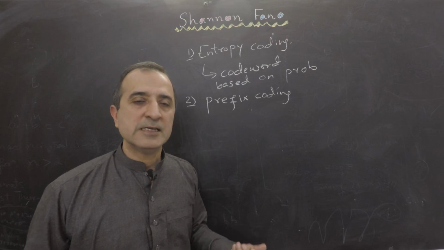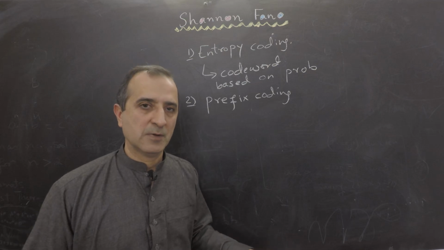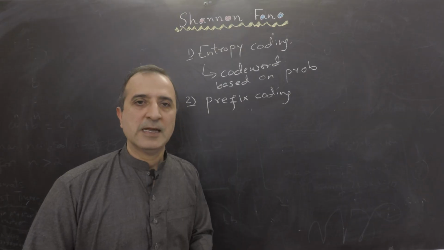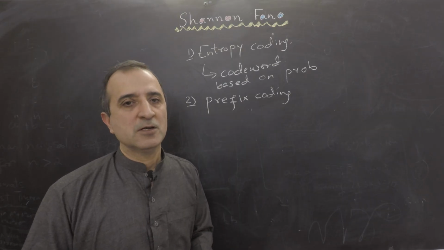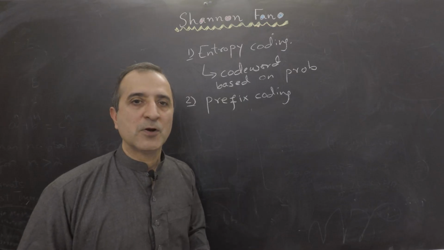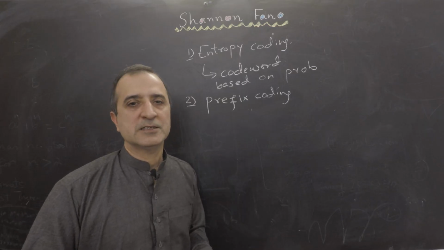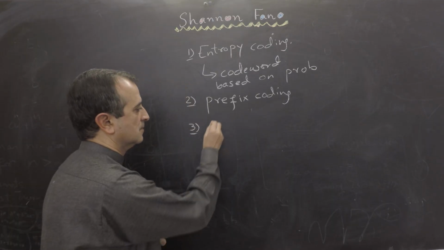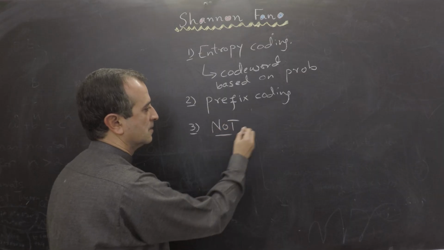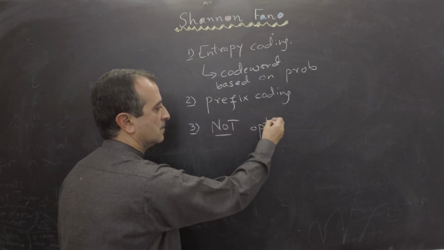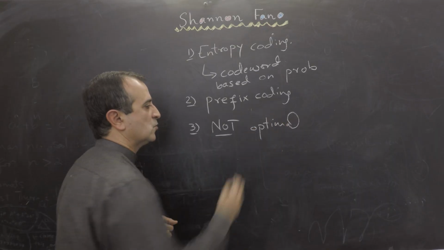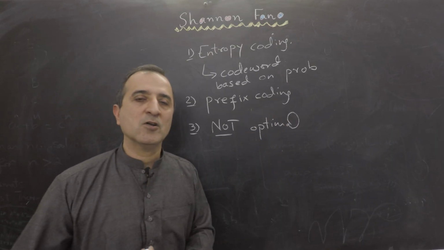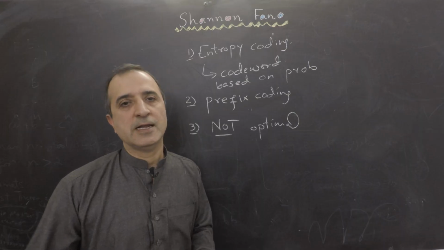Shannon-Fano coding is not an optimal prefix coding scheme. We know that Huffman coding is an optimal prefix scheme. So Shannon-Fano coding produces less compression as compared to Huffman coding. You might be wondering, if it's not optimal, then why should we study it?